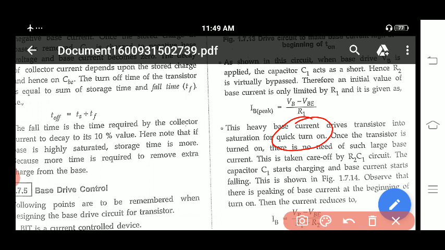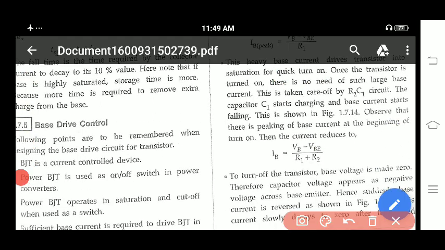Capacitor C1 starts charging and base current starts flowing. Observe that there is a peak of base current at the beginning of turn on. Then the current is reduced from IB peak to IB, and this is the expression for IB: IB equal to (VB minus VBE) divided by (R1 plus R2). Then current flows from VB to R1, R1 to R2, R2 to the base. So you get the IB current expression like this.